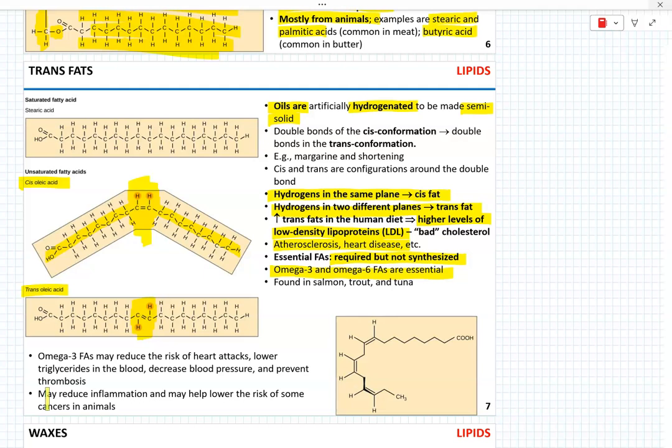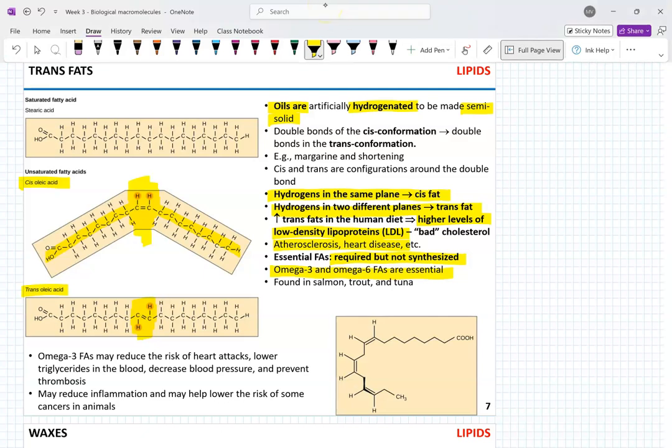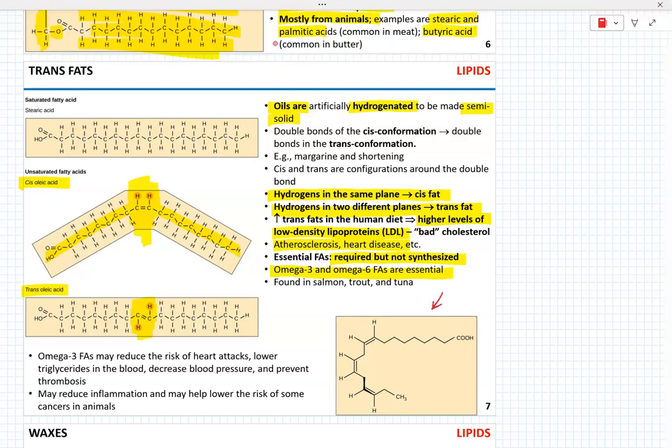So why are they called omega-3? If you look at this panel, this is the last carbon atom in the fatty acid. The last letter of the Greek alphabet is omega. So if we start counting from here, the position of the double bond is at the third carbon.